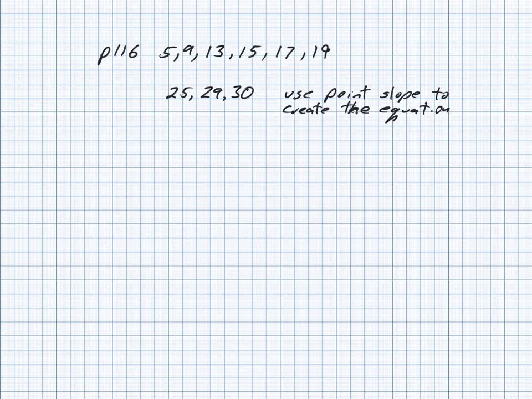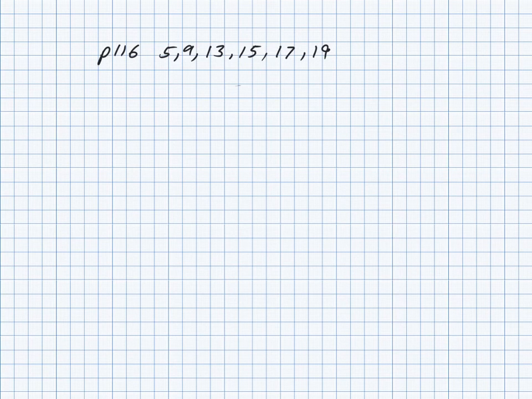What I'd like you to do is to practice. Questions are on page 116. These should be relatively simple, but the first couple questions are going to ask you to find the slope of 2 points using m equals y2 minus y1 over x2 minus x1.